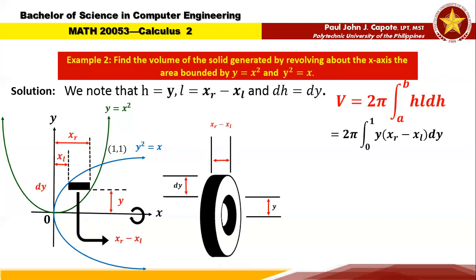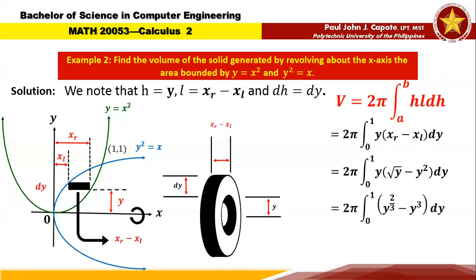On the other hand, y squared equals x is our left curve, and it's already expressed as x in terms of y. So we substitute y squared for x sub l. So we have 2 pi times the definite integral of y times the quantity square root of y, which is our x sub r, minus y squared, which is our x sub l, dy, from 0 to 1.